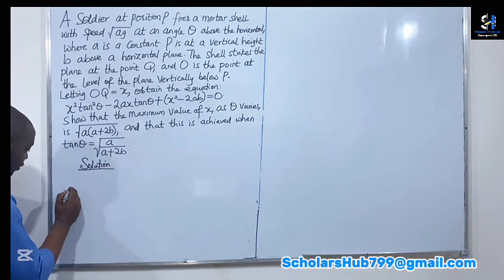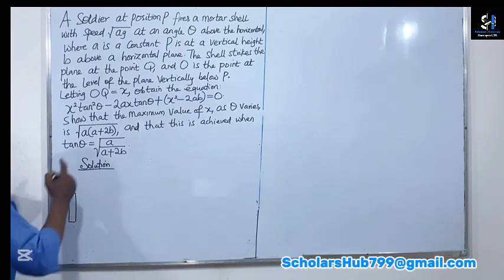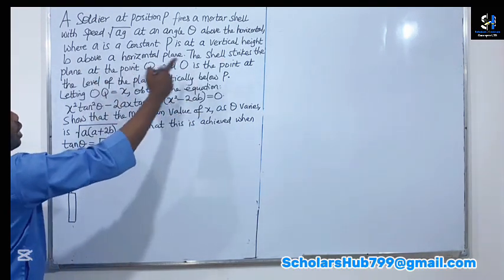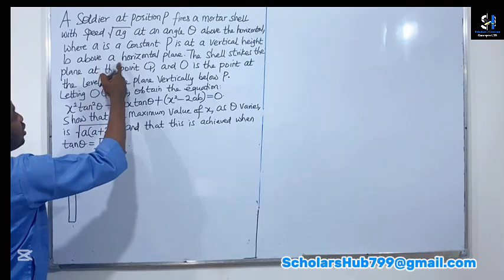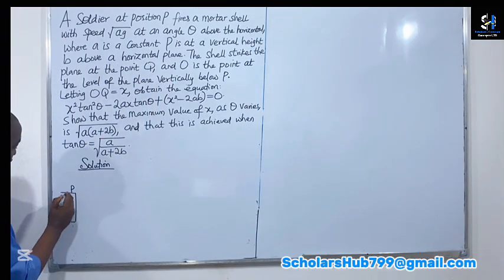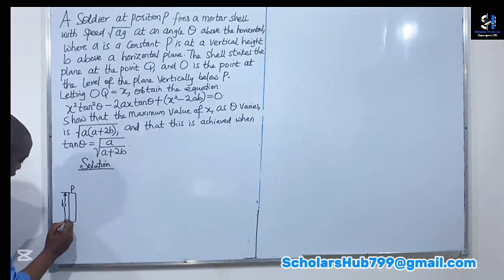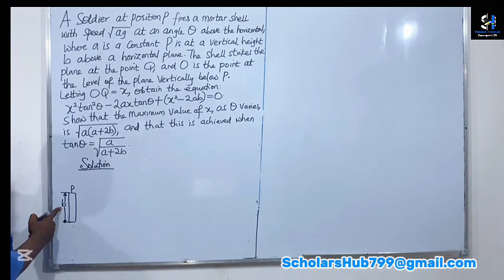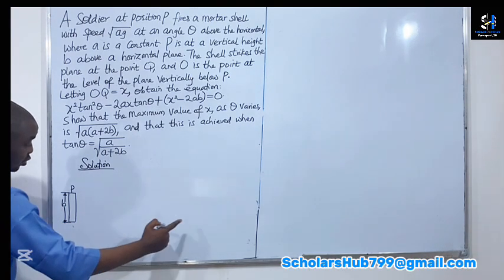The position of the soldier is P, at a vertical height B above a horizontal plane. That is the height of the soldier above the horizontal plane, which is B. This is the horizontal plane.